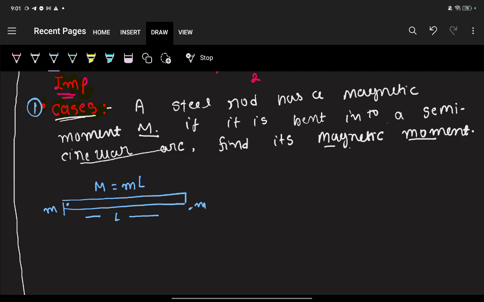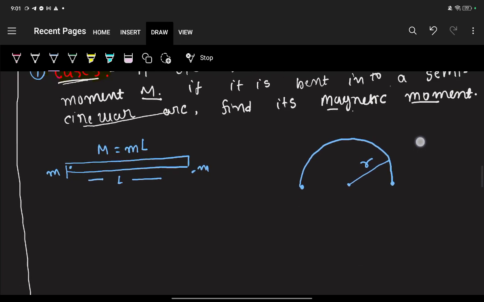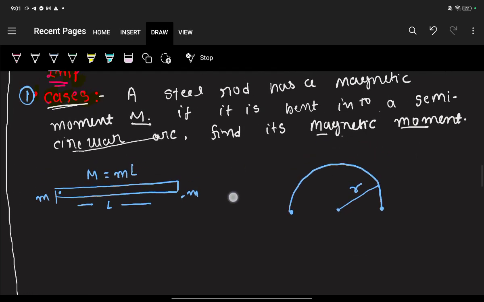Now if we bend this rod into a semicircular arc, let's say the radius of this semicircular arc is small r. So in that case we need to find its magnetic moment.